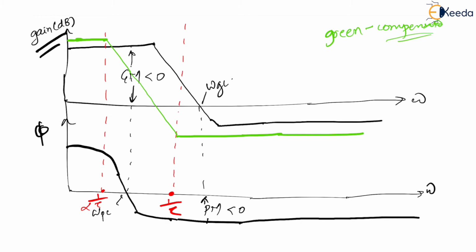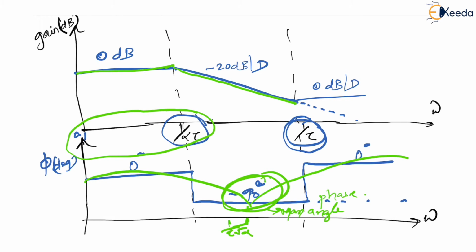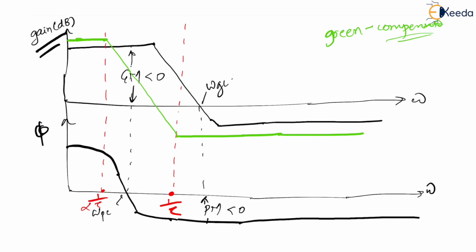Now, what about the phase plot here? From 0 to 1 by alpha tau, it was 0 degrees only, which means it is going to be the same way, right?